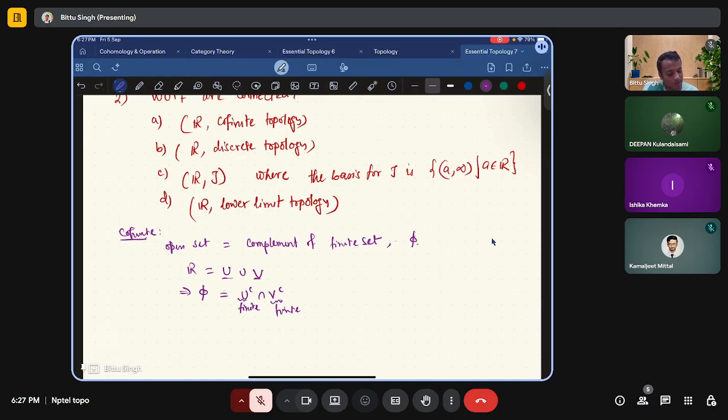But the intersection of two finite sets... Let, if possible, such a partition exist, so R equals U union V and their intersection is empty.